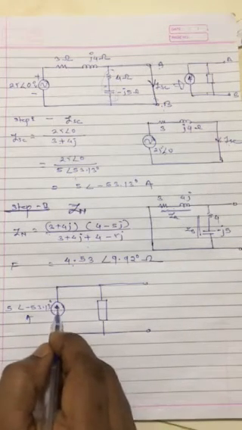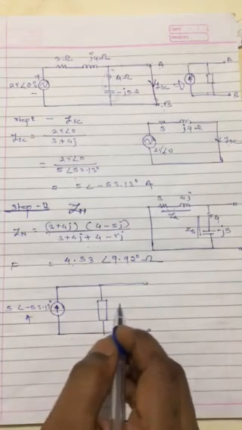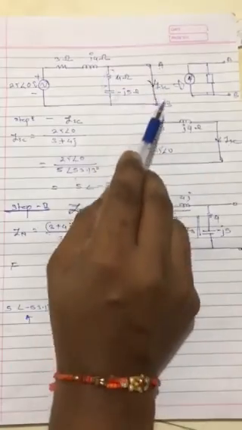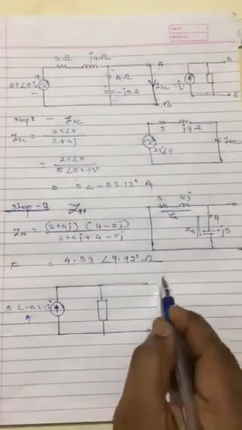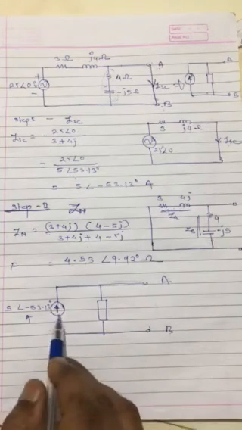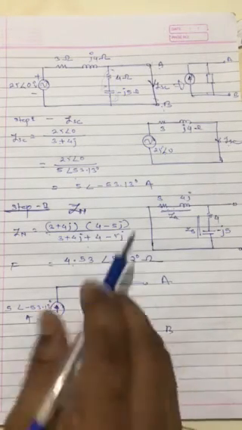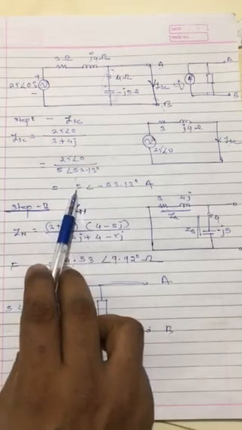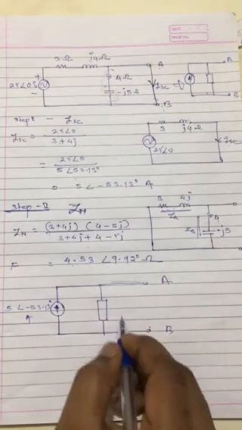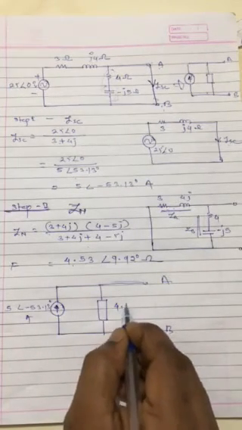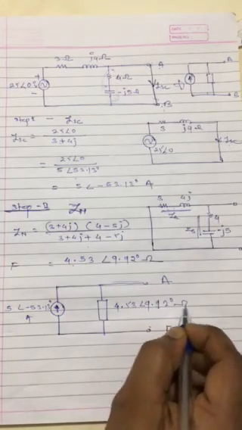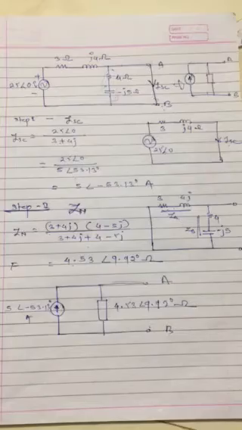I am drawing the arrow upward, and why upward? Because our ISC was moving from A to B. See, this is A, this is B. If we short circuit, it is moving from A to B, hence I have shown it like this. If you had got a negative answer, then you would have shown this direction downward. And the impedance is 4.53 at an angle 9.92 degree. Okay, so this is the final step.